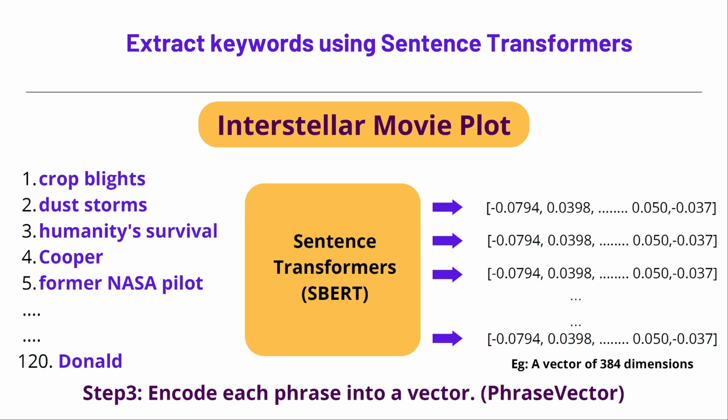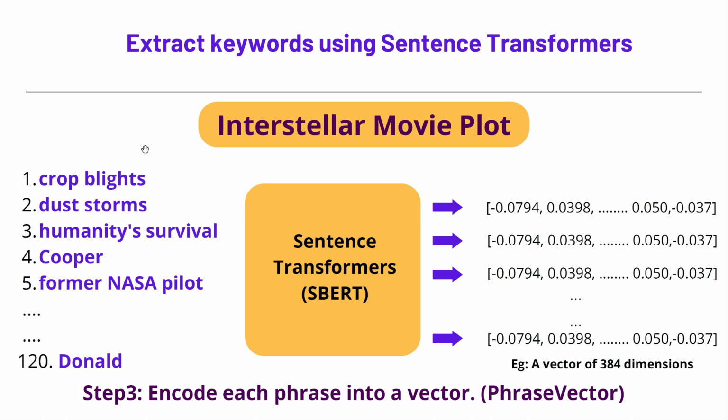And here comes the interesting part. We have extracted all the noun phrases and verb phrases from the document. So for example, let's say in our Interstellar movie plot, we have about 120 noun phrases or verb phrases. Now take each of the noun phrases or verb phrases and convert that into a fixed vector of, again, size 384 dimensions, etc. using the same sentence transformer model that you used in step 2 to create the document vector.